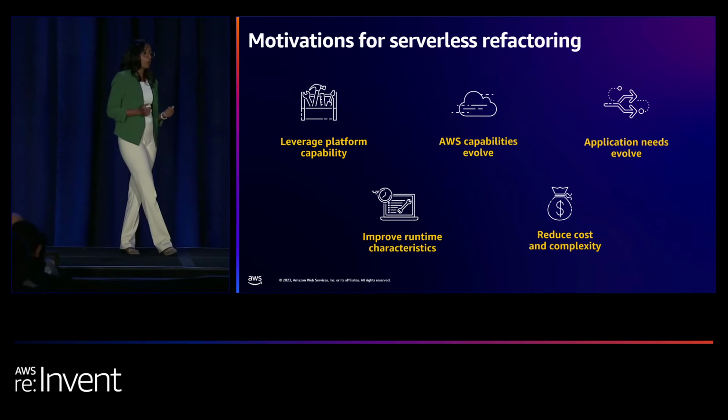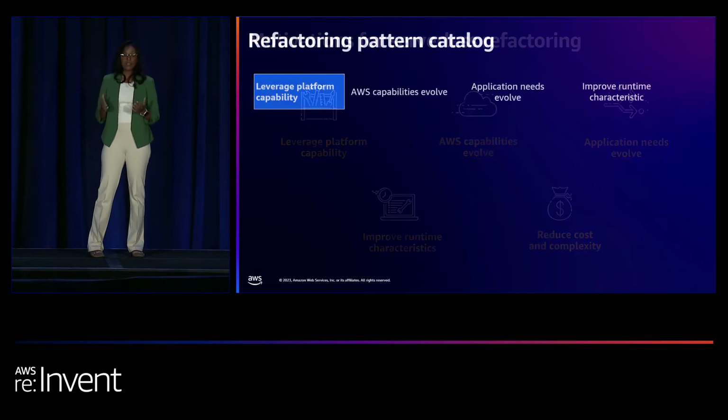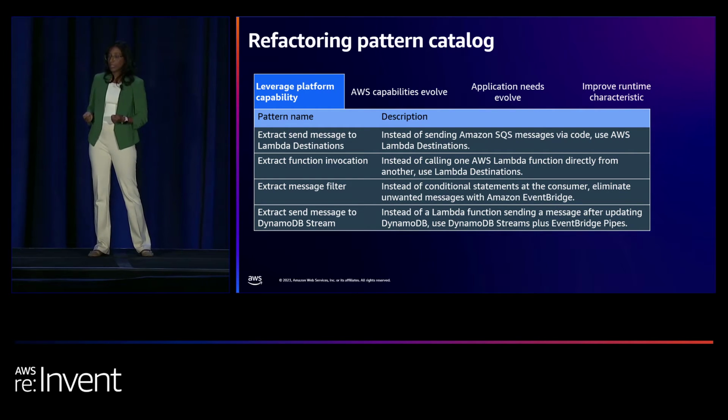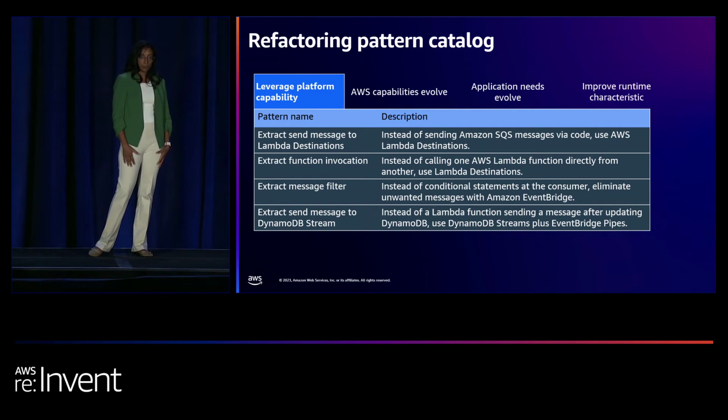Now, this is what we mean by refactoring to serverless. Serverless is the highest form of leveraging the platform capabilities, and refactoring to that goal means using the platform for all it can do.